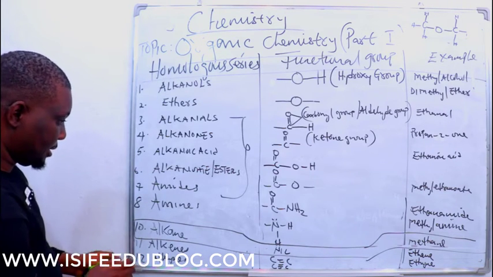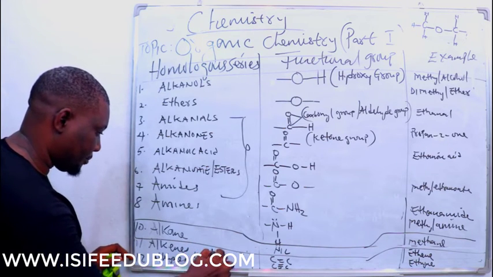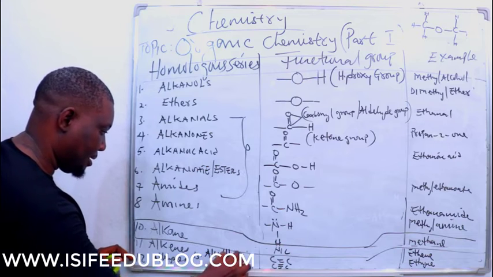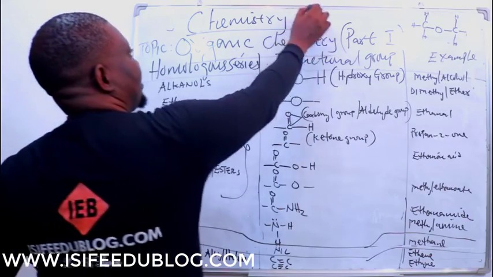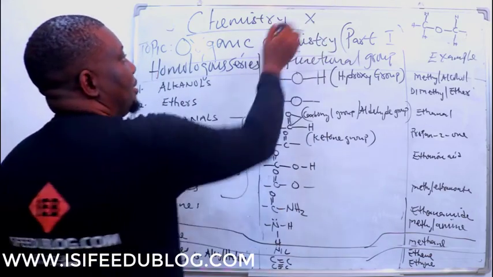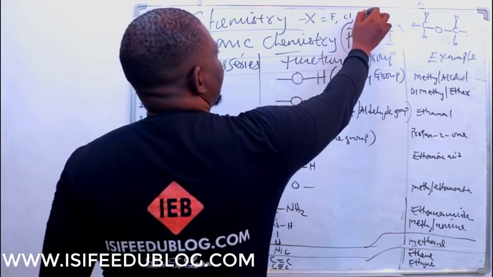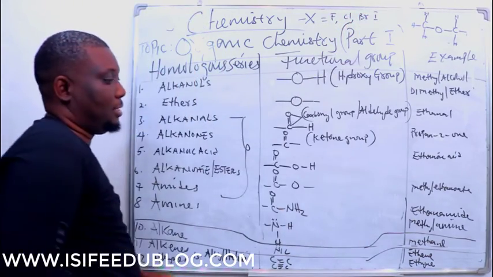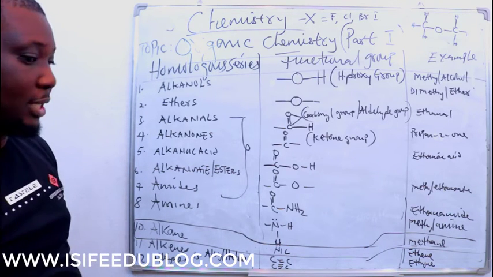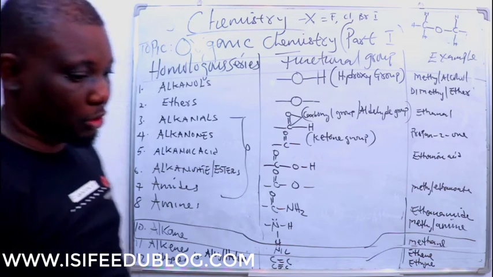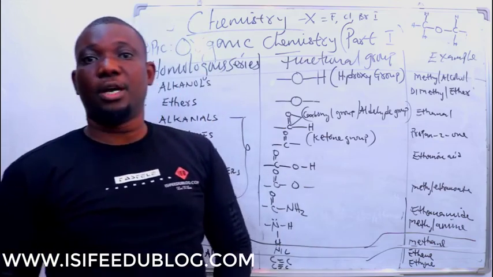The functional group of alkyl halide is X, where X can be F, Cl, Br, or I. Methyl fluoride or methyl chloride, as the case may be, is a perfect example. We're going to be looking at nomenclature in organic compounds quickly.